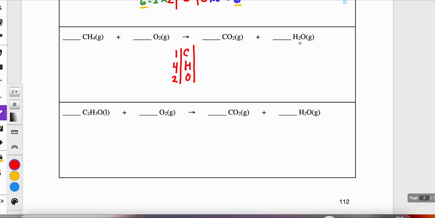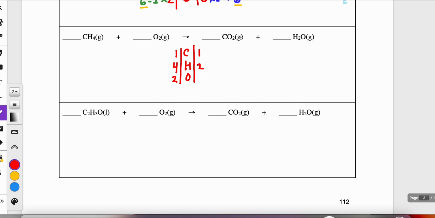Doing my count on the product side. Okay, so this formula here on the product side is the only place that there's carbon, and its subscript is 1, so I only have 1 carbon. On the product side, this is the only chemical formula that has hydrogen in it. It has a subscript of 2, so I have 2 hydrogens.